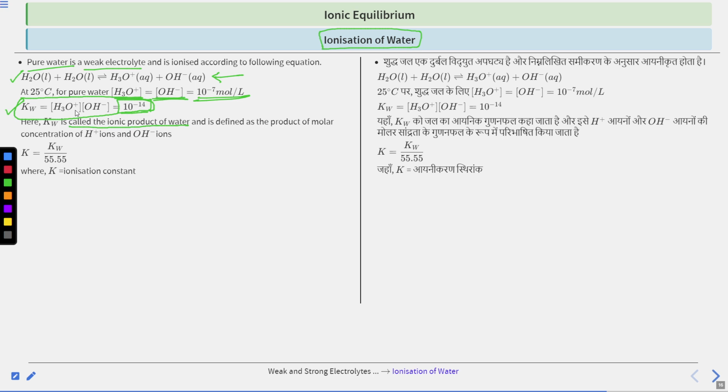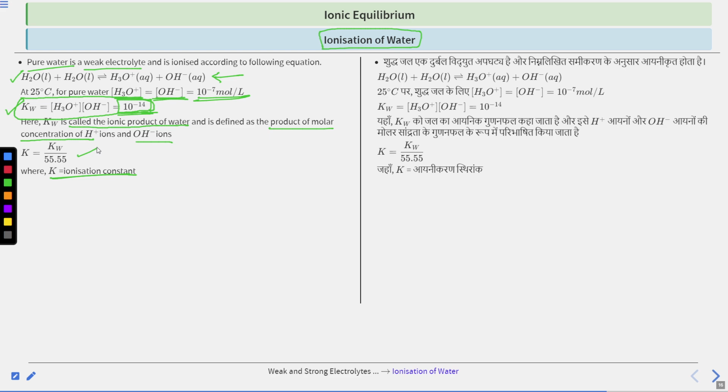Okay, so Kw is equal to 10 to the power minus 14, and Kw is called the ionic product of water, and it is defined as the product of molar concentration of H positive ions and OH minus ions. We can write the ionization constant K as Kw, ionic product of water, divided by 55.55.